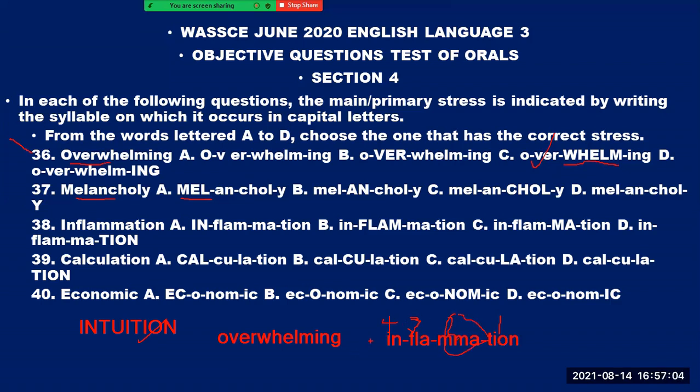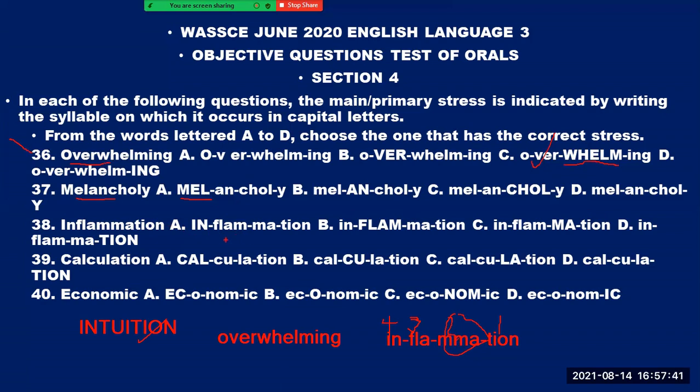So with this in mind, let's look for the one that agrees with this rule. When we come to a question where the rules we have learned are applicable, it becomes quite easy for us to pick the answer. We do not waste time over it because we already have a rule that we can easily apply. And once we can work it out, we just go to the various options.